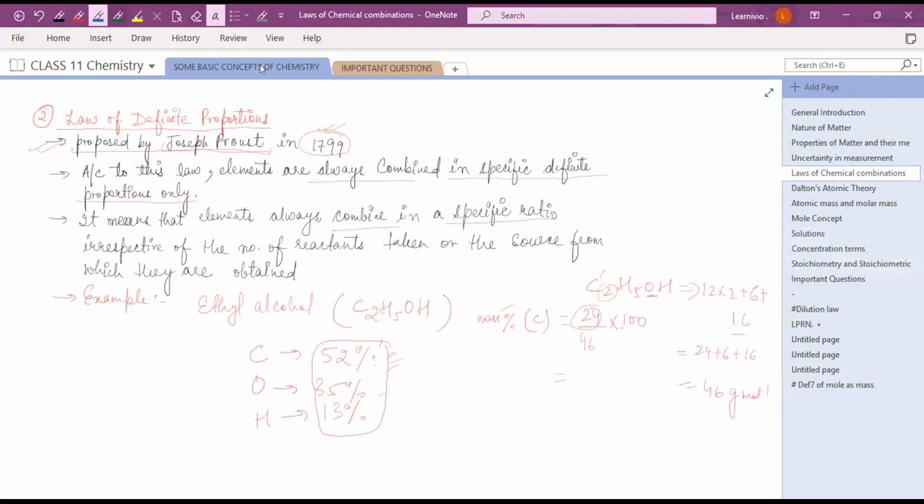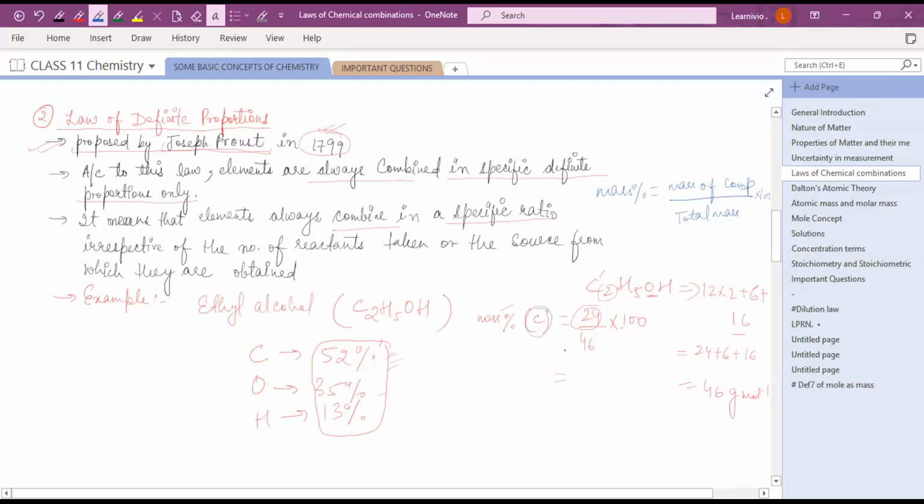See, the mass percent formula is the mass of that component divided by the total mass of all the components, or of this compound, into 100. This is the formula for mass percent. So we are calculating for carbon. How many carbons are there? 2.